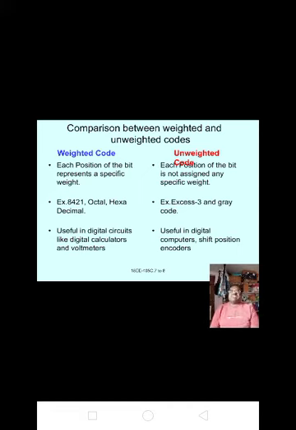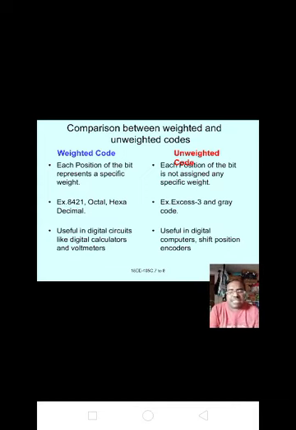Next, differences between weighted and unweighted code. Most important question. In weighted code, each position of the bit represents a specific weight, and in unweighted code, each position of the bit is not assigned any specific weight. Examples for weighted code are 8421, octal, hexadecimal.